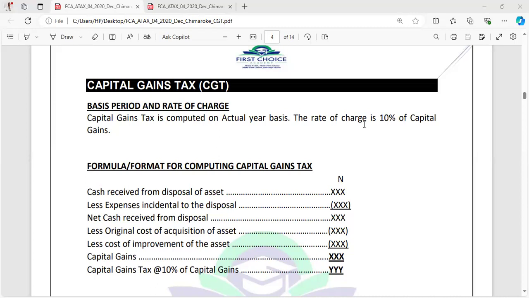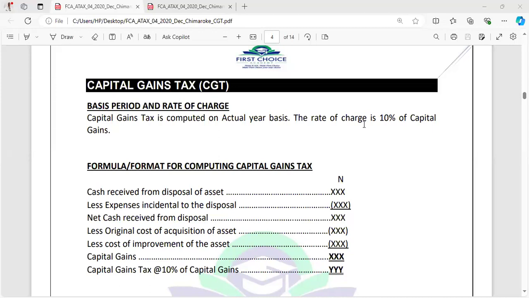Now, capital gains tax is computed on actual year basis. So any asset you sell between January to June will be computed by June 30th, and any asset you sell between July to December of that year, you will need to compute on December 31st.